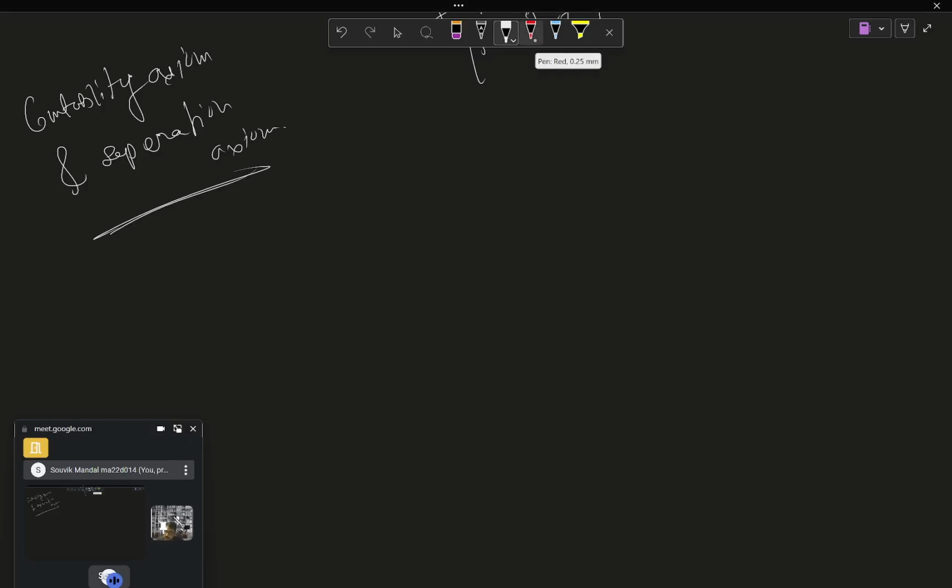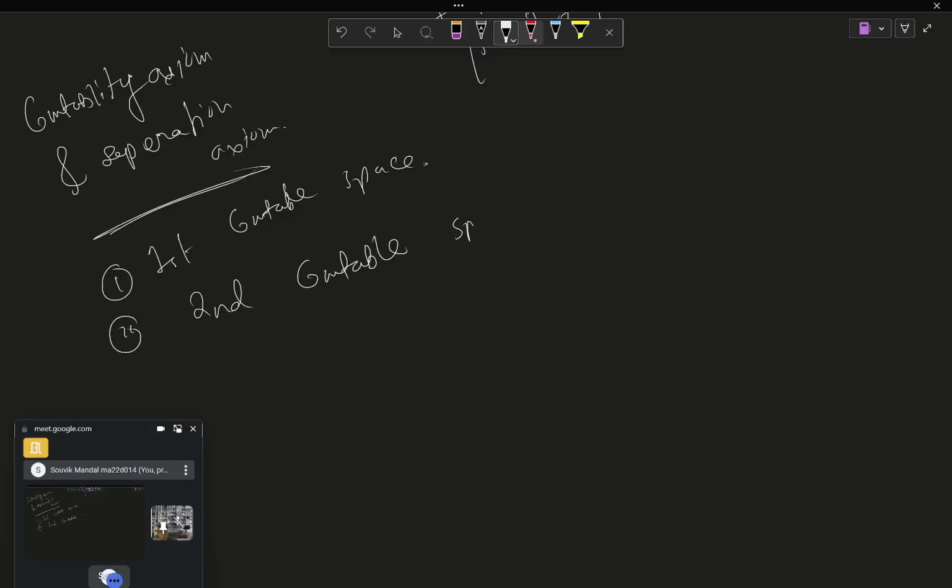So, in separation axioms and countability axioms, the countability axiom comes with two things. One is first countable space, another is second countable space. Now, note two things.